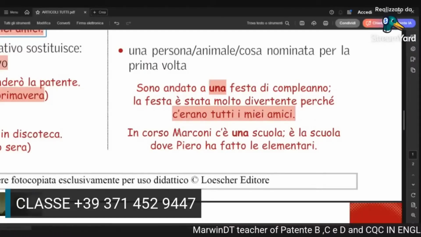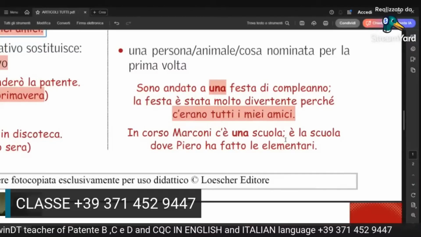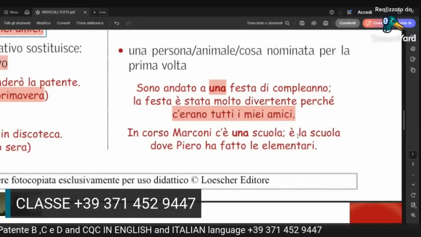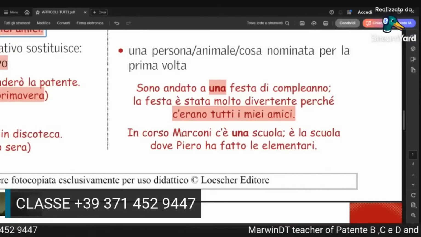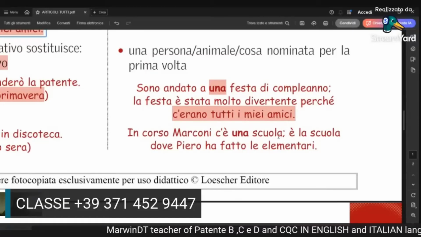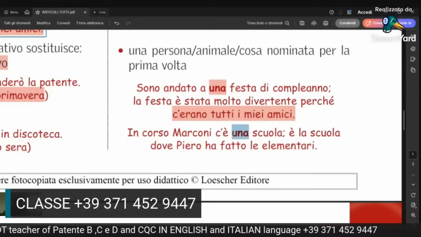In corso Marconi c'è una scuola. È la scuola dove Piero ha fatto le elementari. So in corso Marconi, there is a school. So it does not specifically tell us which school.